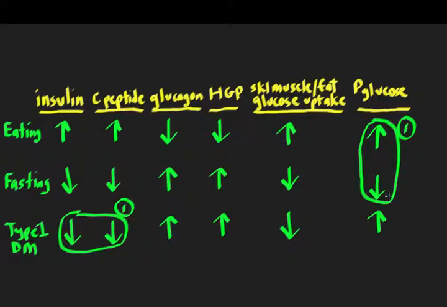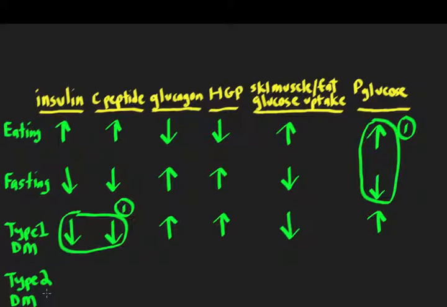Now, if we go and look at type 2 diabetes, it's a lot more complicated. And what we want to say with type 2 here, if we were going to use this as an example, is that there's an insulin resistance, there's a decreased effect of insulin at the intracellular level, the transduction pathway level.